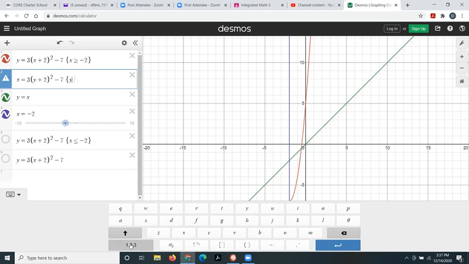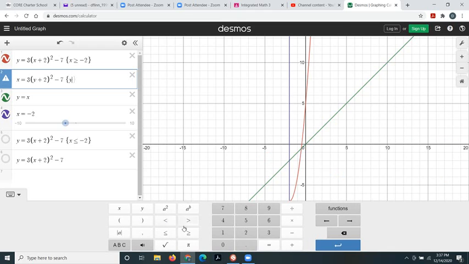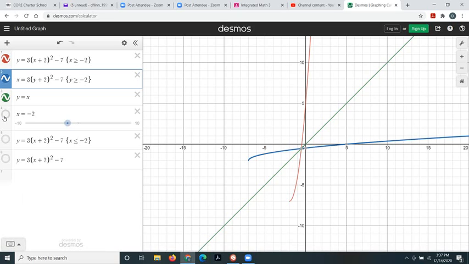See if I can get where I'm going. Oh, it did it. Okay. So let's get rid of this. Now you can see this red one was my original parabola, but I chose the right-hand half of it. And then this was the top of the sideways parabola. And this is just the line y equals x here. So now I can answer questions.